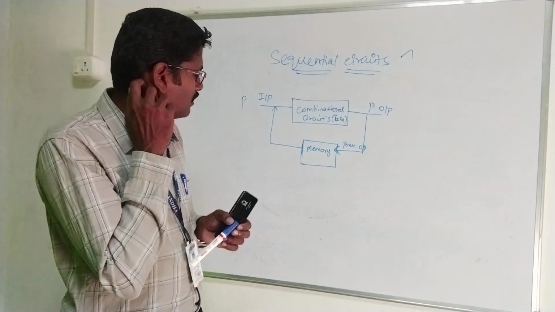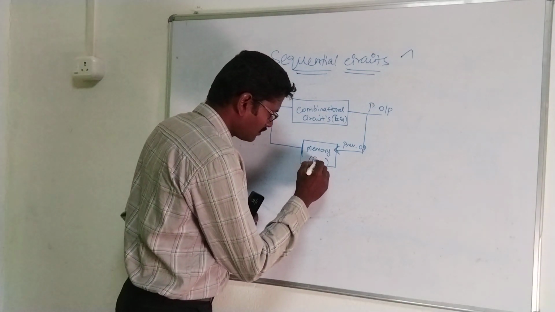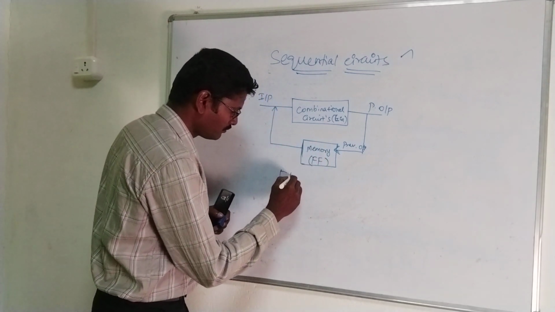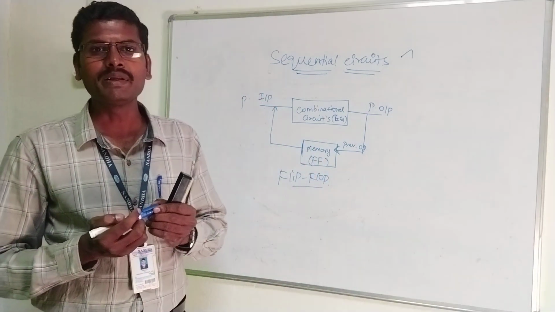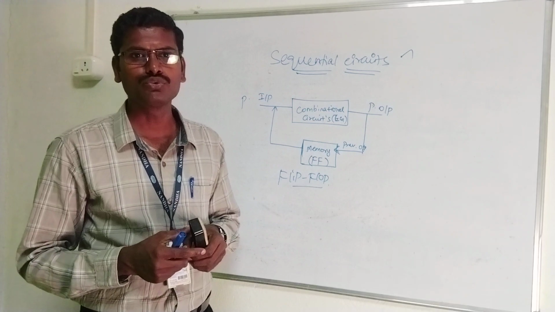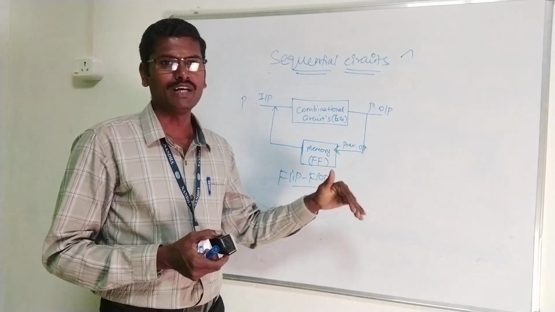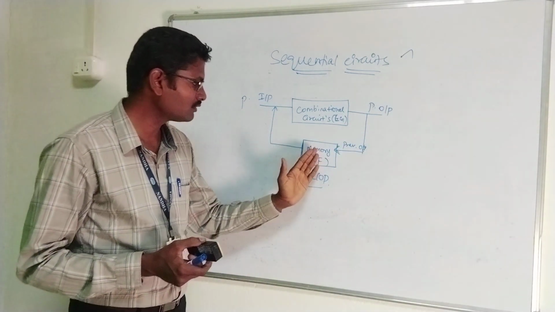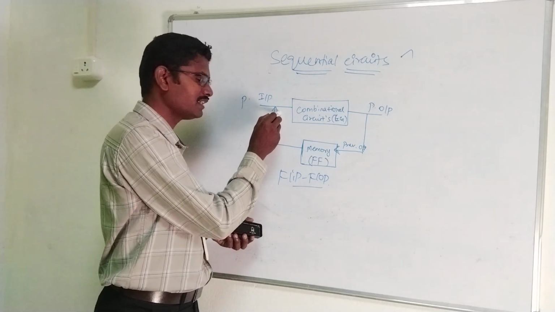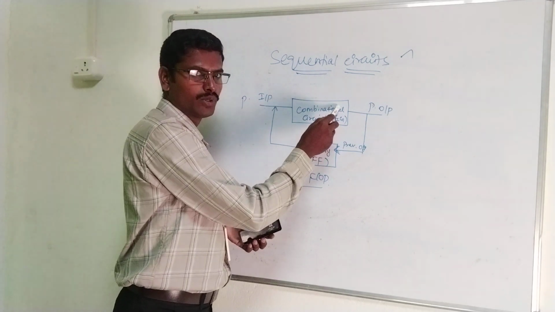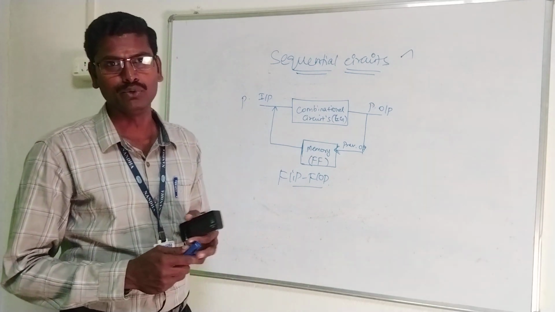The memory element we use here is the flip-flop, a memory device used to store the input or output of previous values, and it is given as feedback to the present input. Based on the previous input and present input, the combinational circuit performs its operations and the corresponding output is produced.